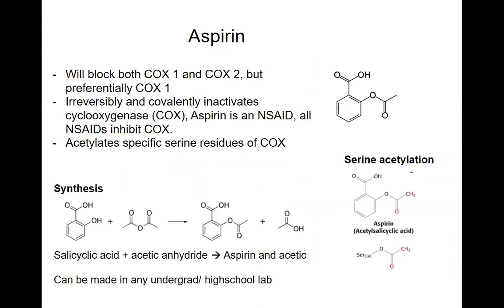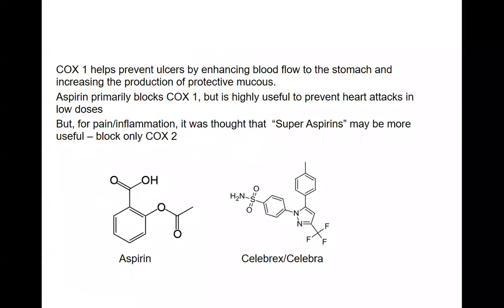Okay, so aspirin will block both COX-1 and COX-2, but preferentially COX-1. It's an irreversible binding, and it acetylates a specific residue of COX. So the pharmaceutical companies were thinking, if you have a COX-1 inhibitor and it affects the stomach lining, maybe you don't want that.